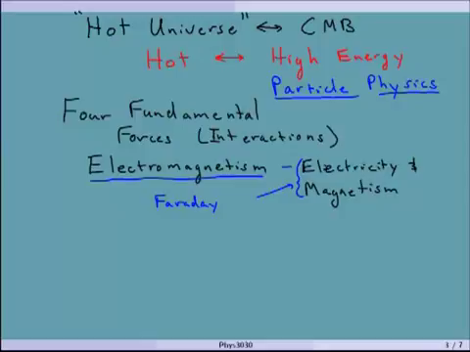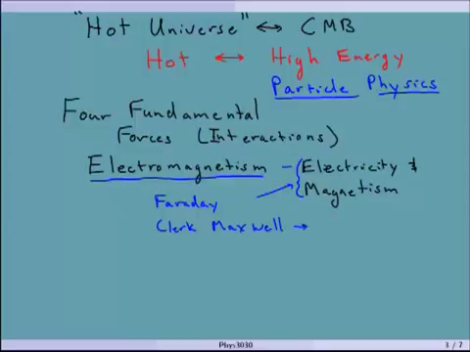And so he actually sort of figured out that there was some relationship between the two, and then a guy named Clerk Maxwell, who there's a set of equations called the Maxwell equations, which describe all of electromagnetism.